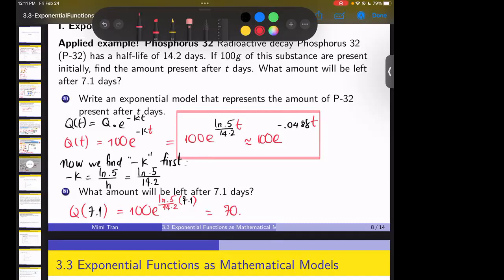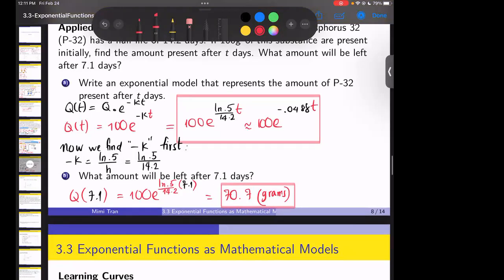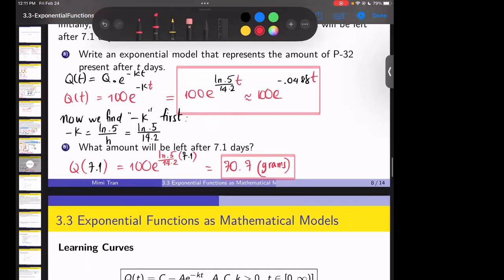Okay, I'm sorry. Yeah, the half-life is 14.2 days, and 7.1 is only half of that. You're right, we are right. I'm sorry. No, we are right, nothing wrong with it.